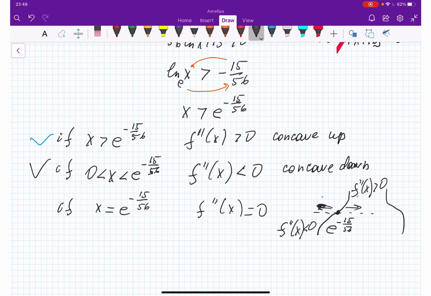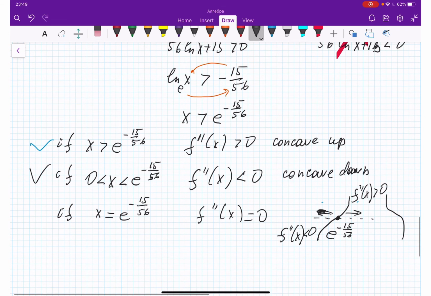And that's it. We already know the intervals. On the interval where x is greater than e to power negative 15 over 56, the function is concave up.